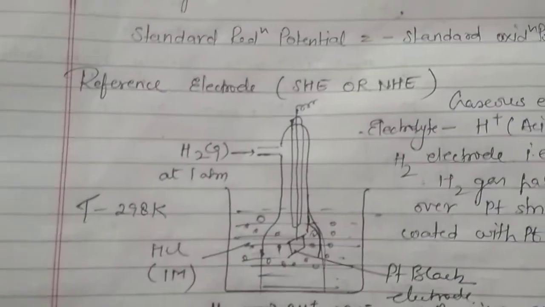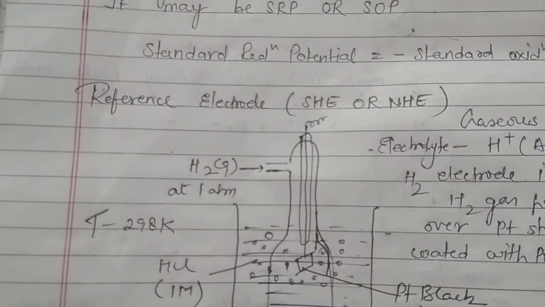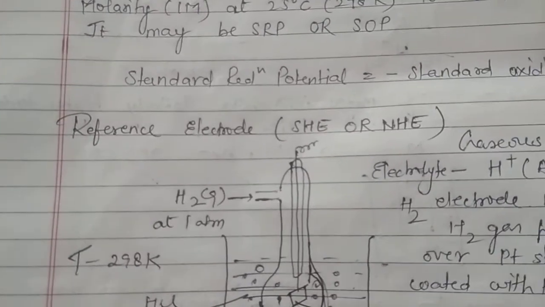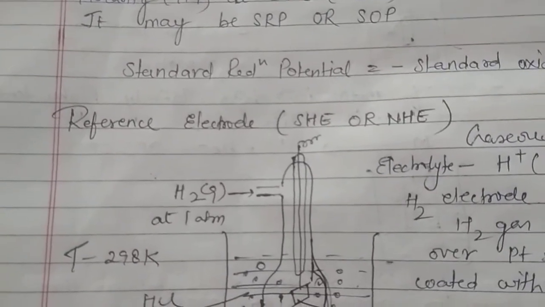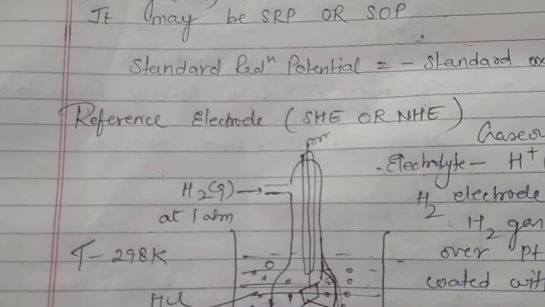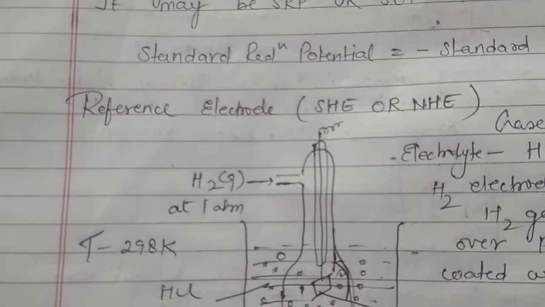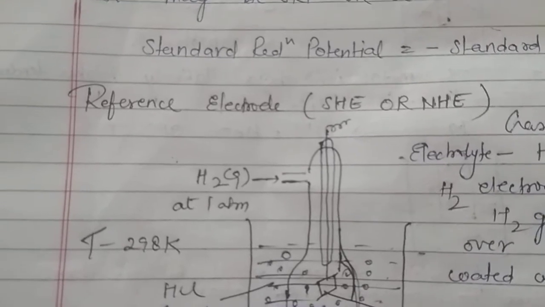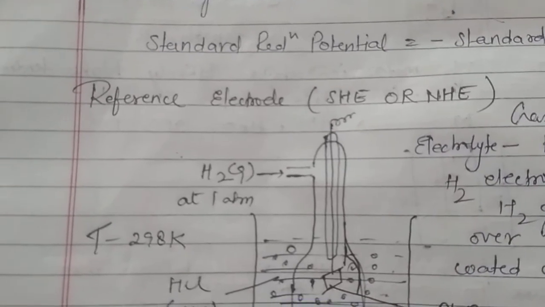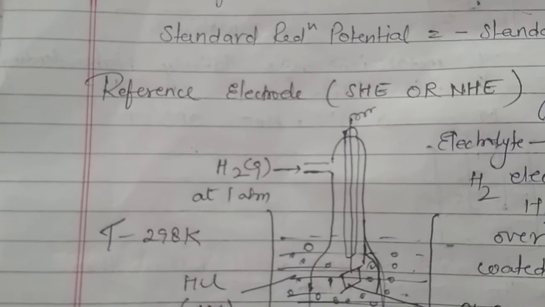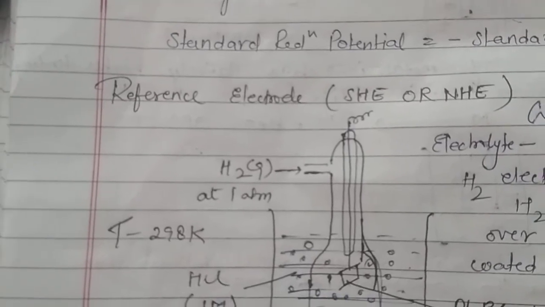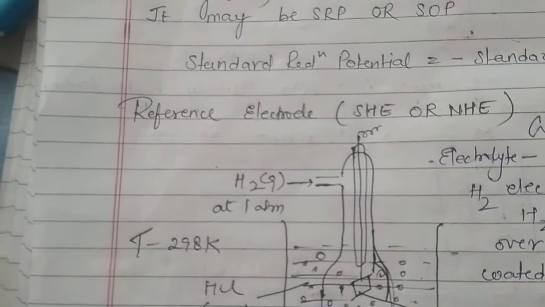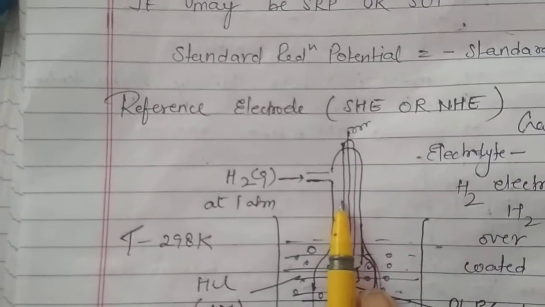Now if we are to measure the standard electrode potential of any electrode, we can't measure it directly. We have to measure the electrode potential with respect to a reference electrode. Why is it so? Because a half cell, whether it is the oxidation half or the reduction half, cannot work on its own.